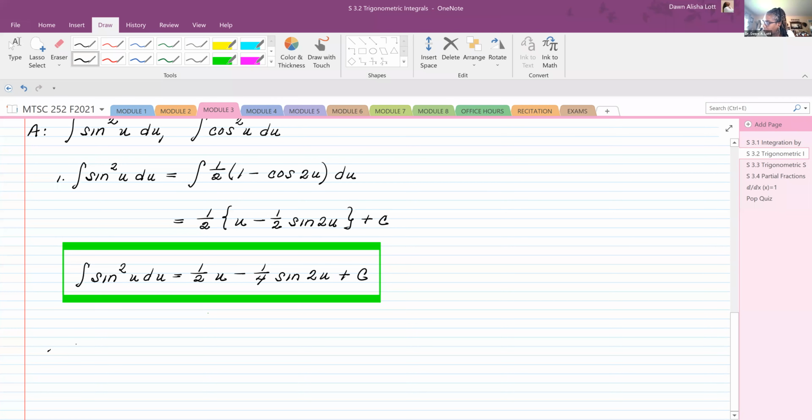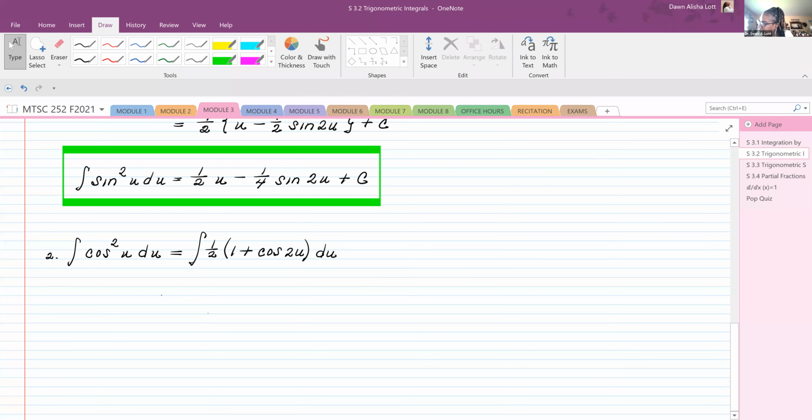And the second one is the integral of cosine squared u du. Trade it off for 1/2 times 1 plus the cosine of 2u du. So now I can pull the 1/2 out. When I integrate 1, I get u. When I integrate this, I get 1/2 the sine of 2u plus a constant.